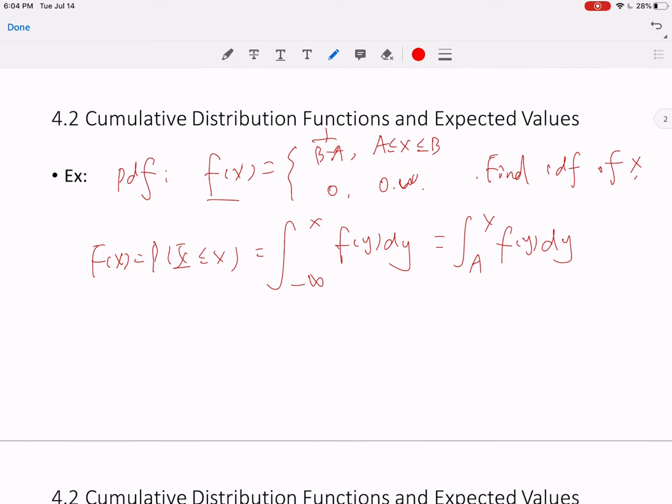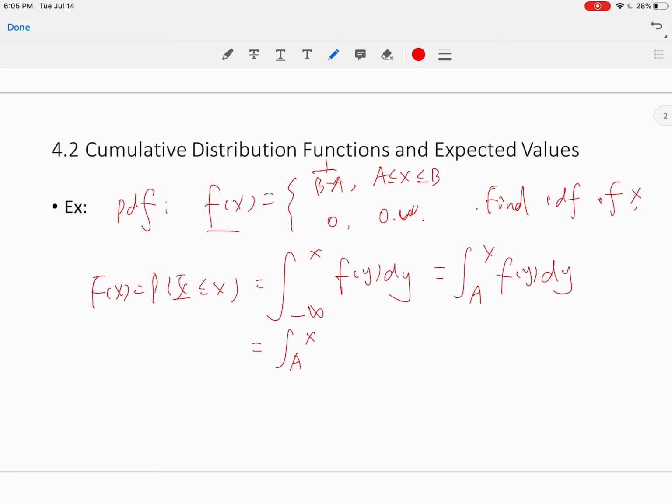Now, once we have this, we just need to do the integration. That would be equal to the integral from a to x. We put the expression of the PDF back into the integration, so 1 over b minus a dy.